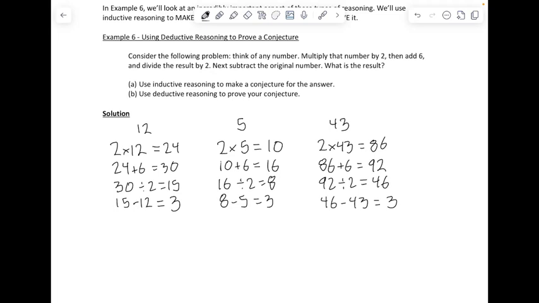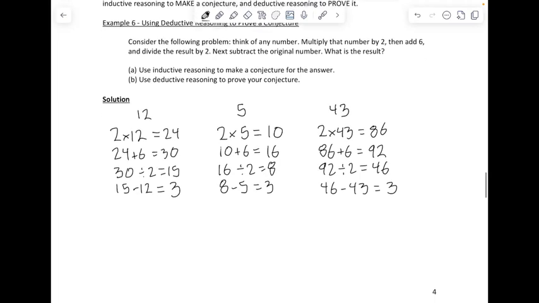So how would we use deductive reasoning? Okay. So the problem with the inductive approach is that it requires using specific numbers. And we know that we can't check every possible number. So instead, we'll choose an arbitrary number, and we'll use a letter to represent that number.